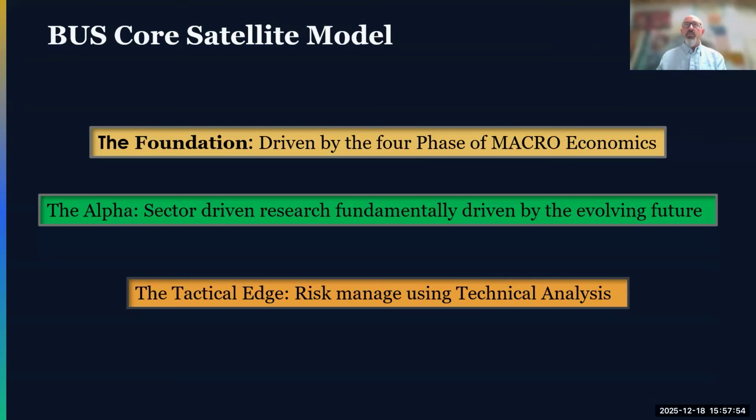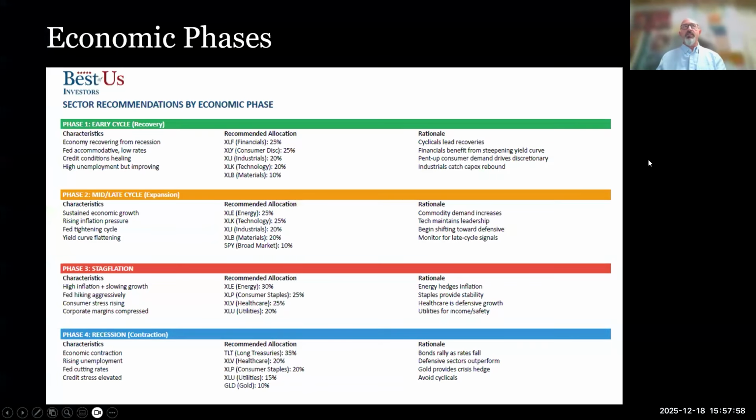And so there are four economic phases. There's phase one, early cycle. We're coming out of a recovery. So the economy is recovering from a recession. The Fed accommodates with low rates. Think about going back to the housing crisis, probably the 2009 to 2013 period.